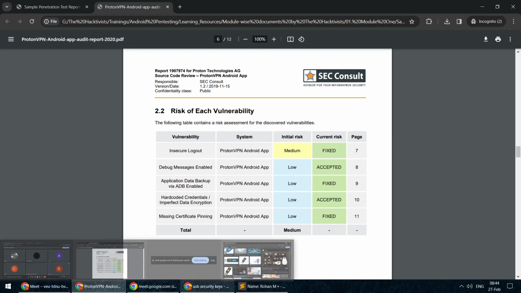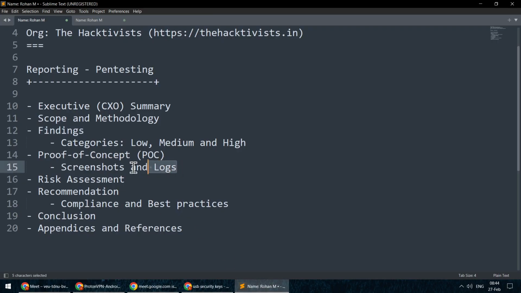Next thing that we'll do is that for each of the security issues in the technical analysis, we will be including the relevant screenshots and logs. When we will be learning more about the security issues in our training, I will also show you the HackerOne reports, that this is how you have to write a HackerOne report for this security issue.